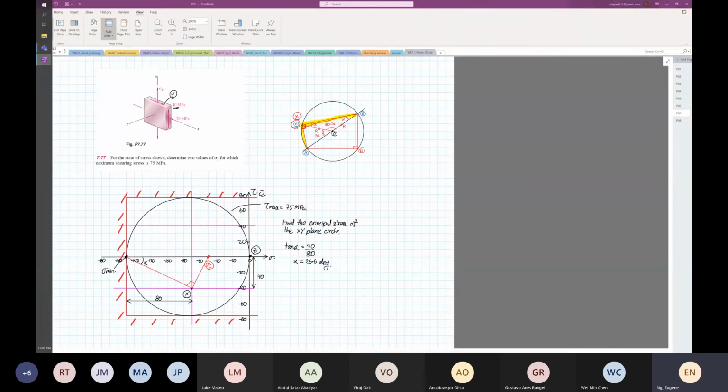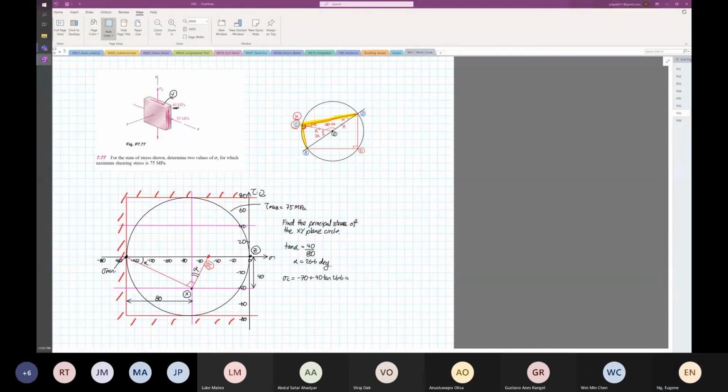From here, we can find our stress C value, because if that is alpha, this is also our alpha. So stress C is equal to minus 70 plus 40, because it's going towards the right, multiplied by tangent 26.6.